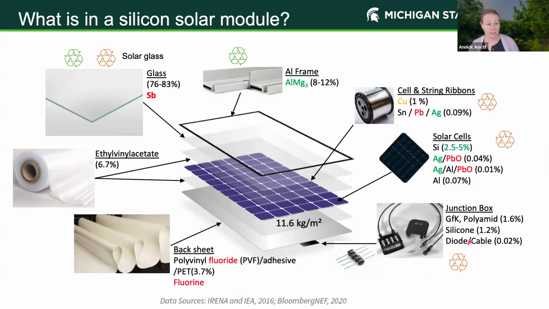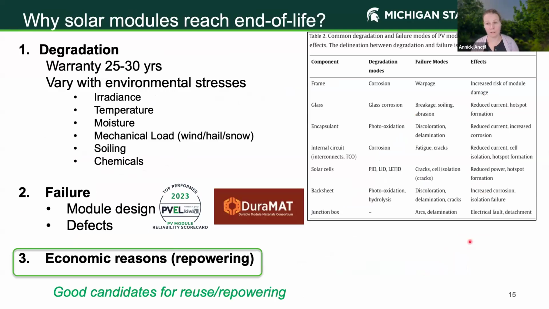The question everybody asks is, when will solar modules reach end of life? In the ideal case, you put them there and you remove them after 25 or 30 years. That's one thing that has been improving quite a bit: the warranty and how slowly they degrade.